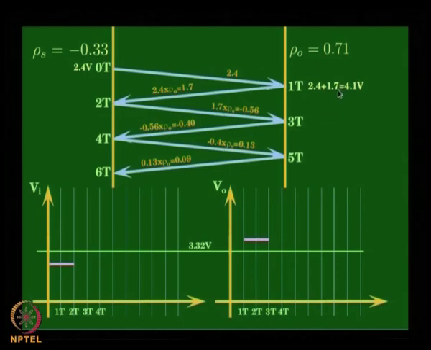Now, 1.7 volt out of it is traveling here. So, it has reached here after 2 t. So, after 2 t, 2.4 was already there here, plus 1.7 minus 0.56, the algebraic sum of whatever is arriving and whatever is leaving is 3.54.